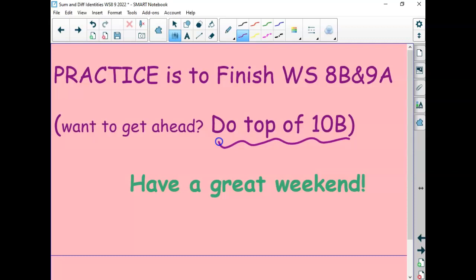So you could get that done too, because worksheet 10 is going to be homework on like Monday. So if you want to get the top part done, go for it, okay? Finishing 8B, 9A, and the top of 10B if you want. If you want to save 10B for later so that you have a chance to review these concepts, you can, but I don't think it's super tricky if you want to just get them knocked out.